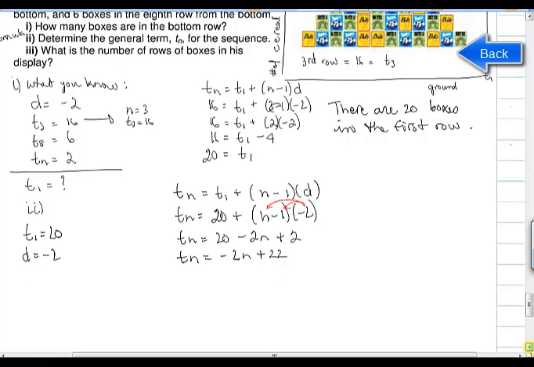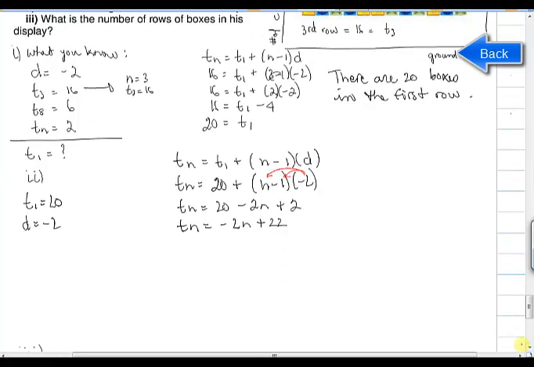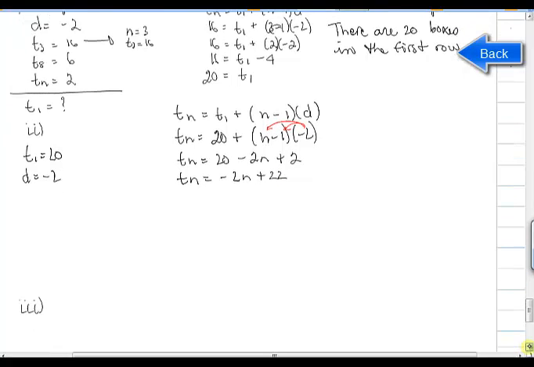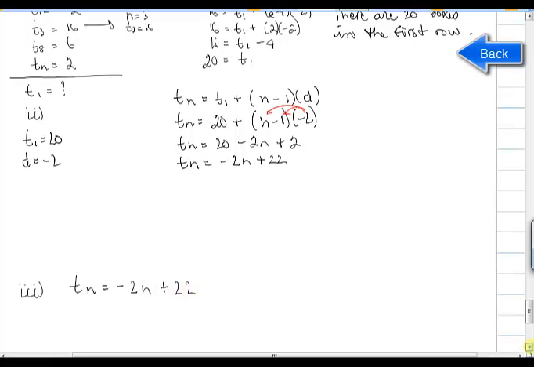Okay, and the last thing you've been asked to calculate is what is the number of rows of boxes in this display. Okay, and so we're going to use our general term to find this out. Okay, so what information do we know in order to calculate the number of rows?